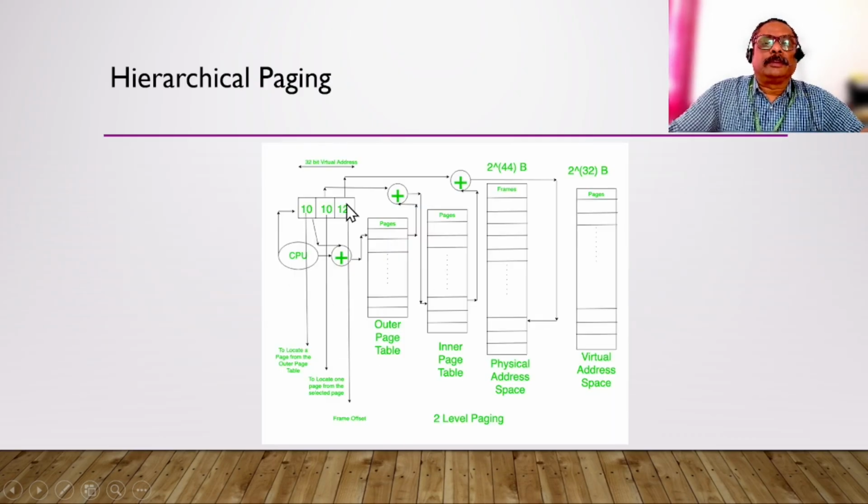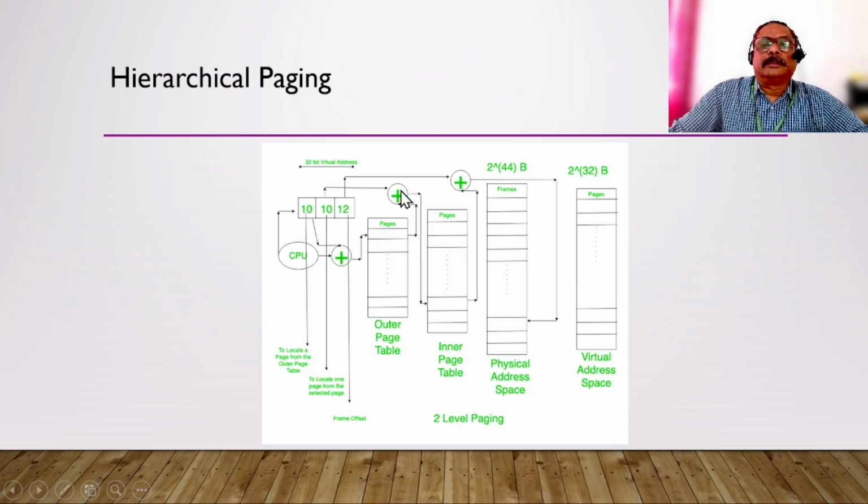The CPU will provide this address, so a 32-bit virtual address may say 10, 10, 12. So the first 10 bits talk about the index of the first page table. So the CPU will give this, and in the first table it goes to the 10th index, and that will say which page table in the second level should be used, and that page table's starting address is shown here.